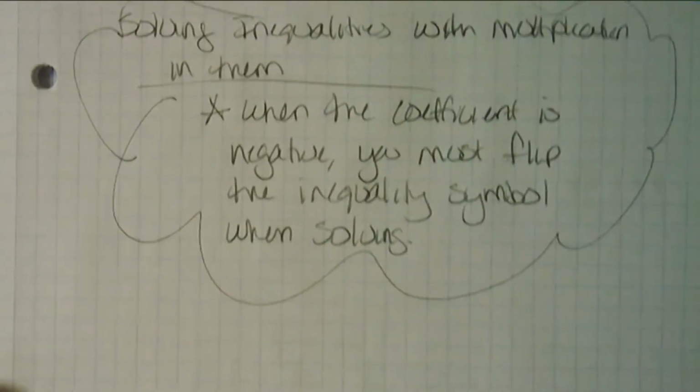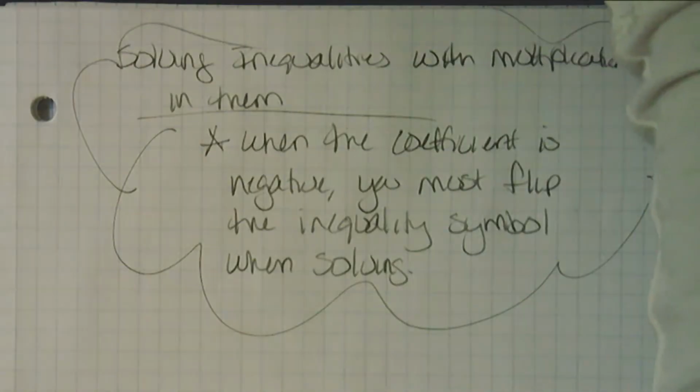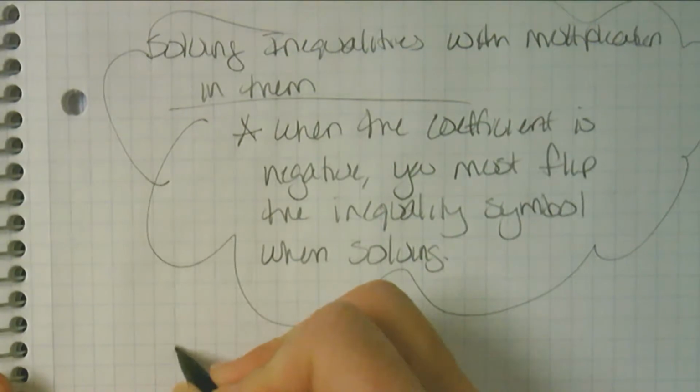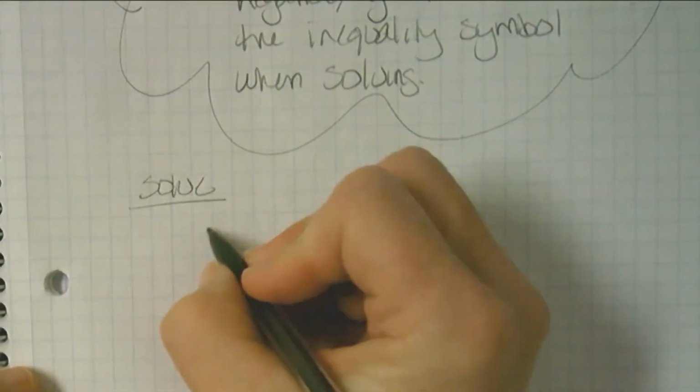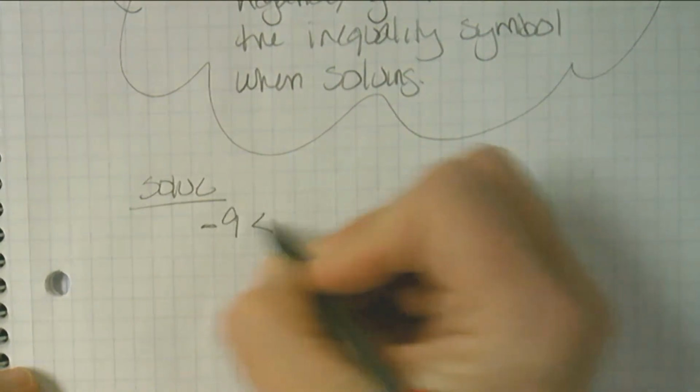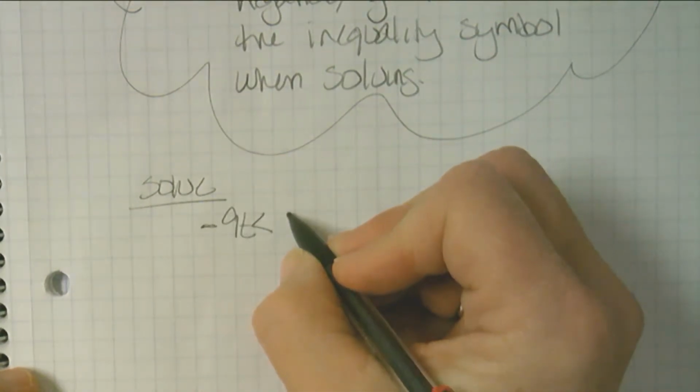All right, so let me show you what I'm talking about. I want you guys to solve negative 9t is less than 36.